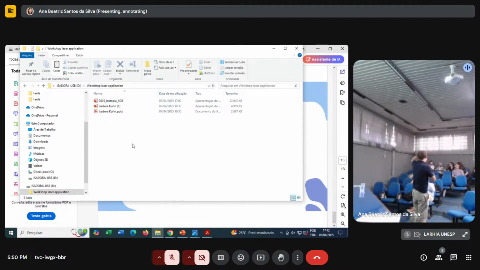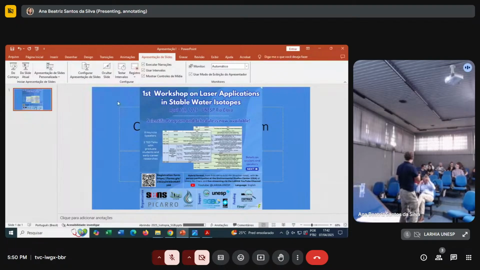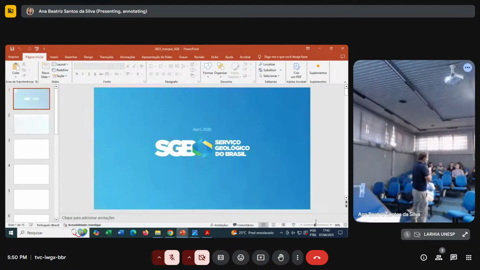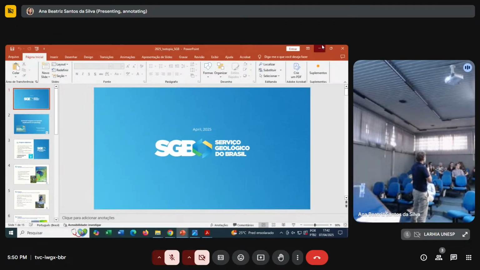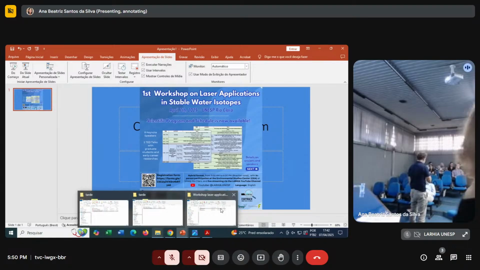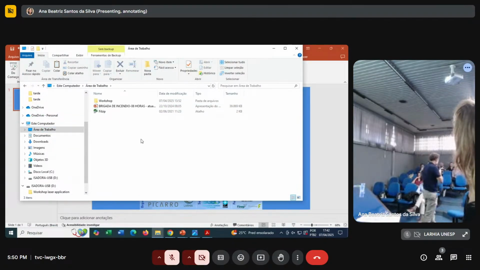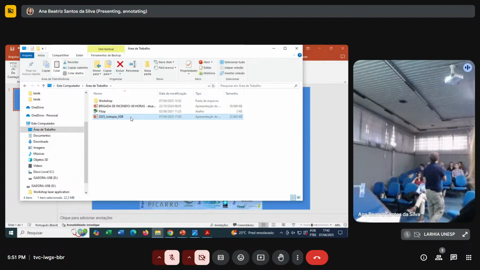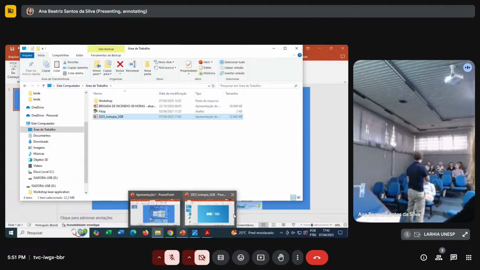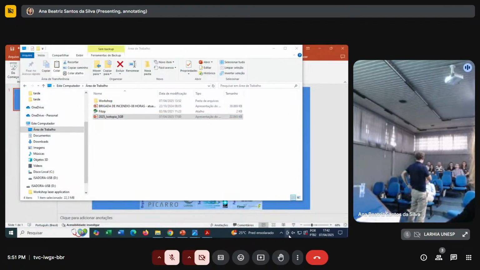In 2015, we were called by the agency, or in fact, the agency called UNESP to be offered to be the center, a kind of collaborative center for the diffusion of isotope hydrology in Brazil.